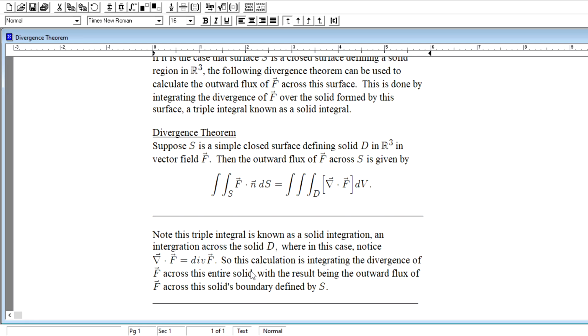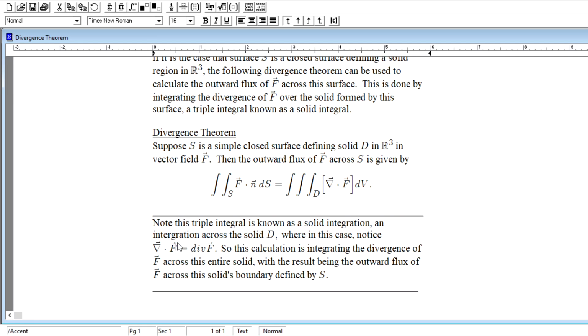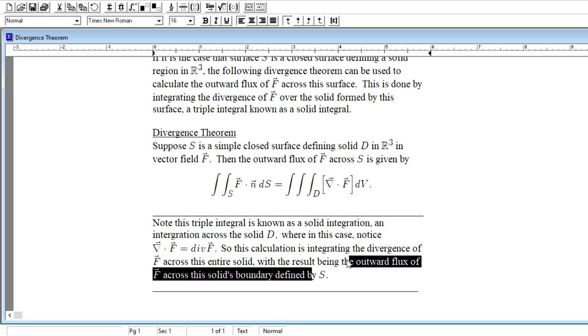Note this triple integral is known as a solid integration, integration across some solid D, where del dotted with F bar is the divergence of F. So this calculation is integrating that divergence of F across the entire solid, with this result being what we call the outward flux of F bar across the solid's boundary, which is defined by our surface S.